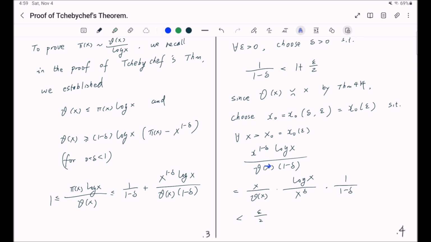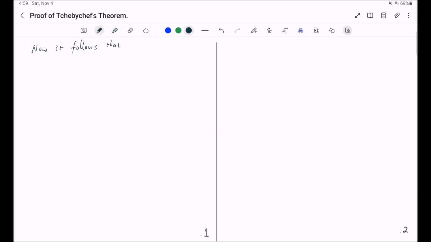And if we combine this part with this 1 over 1 minus delta, which is less than 1 plus epsilon divided by 2, you will see that this guy is squeezed between 1 and 1 plus epsilon divided by 2 plus epsilon divided by 2, for all x bigger than x0, which only depends on epsilon.